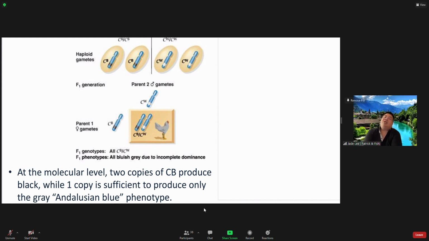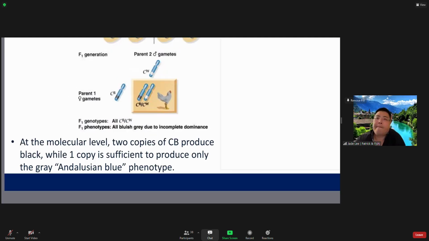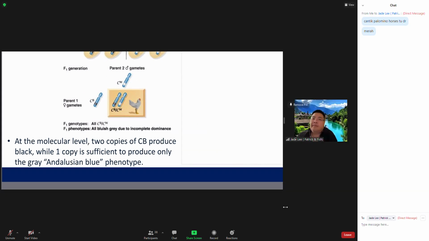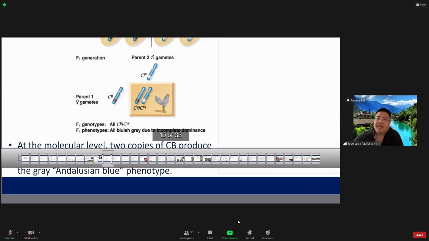Okay? Dan ini menunjukkan bahawa ini adalah incomplete dominance. Sama dengan Snapdragon tadi kan? Ataupun yang blue ini dia kenali sebagai Andalusian blue.